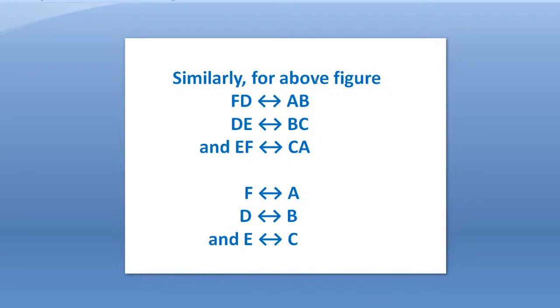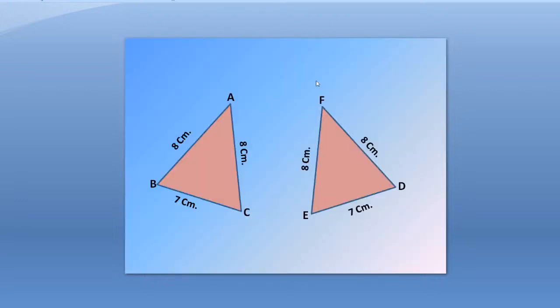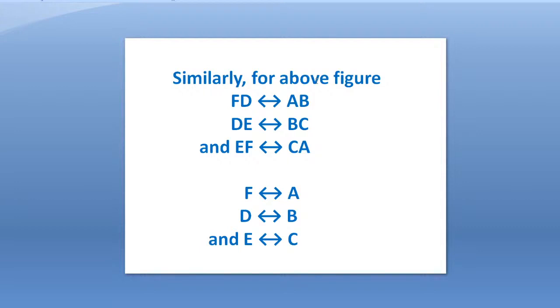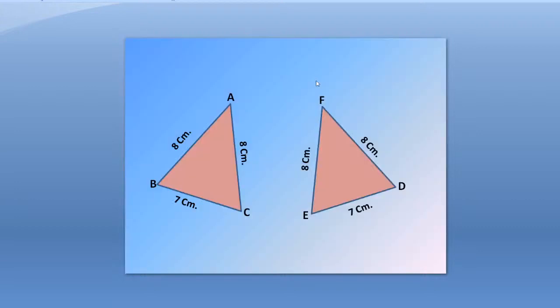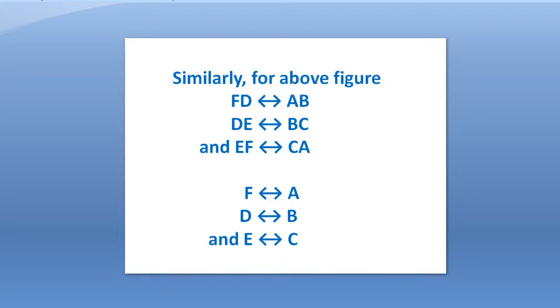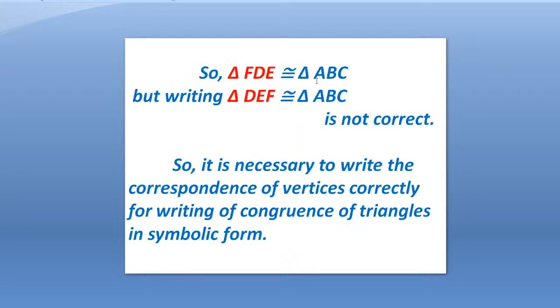Vertex F corresponds to A, D corresponds to B and E corresponds to C. So triangle FDE is congruent to triangle ABC, we can write triangle FDE corresponds to triangle ABC, but writing triangle DEF corresponds to triangle ABC is not correct.